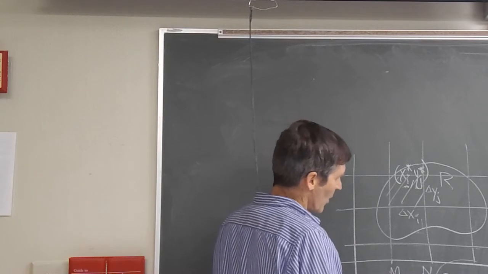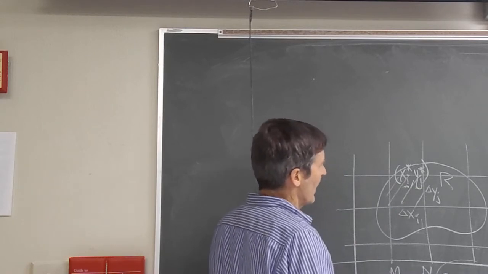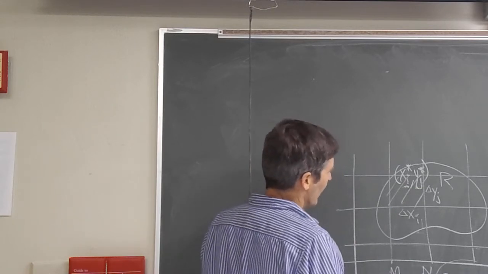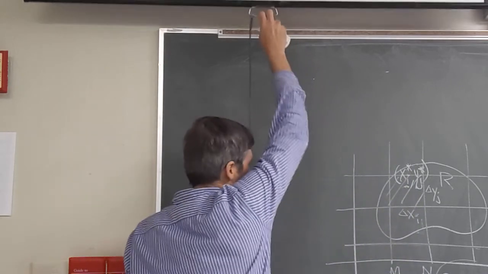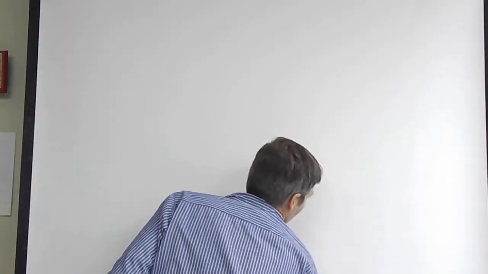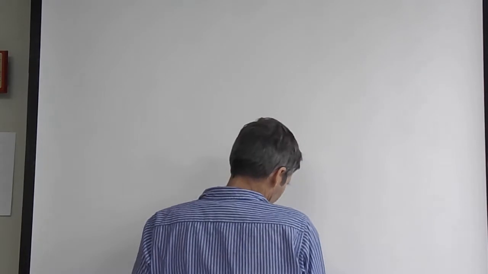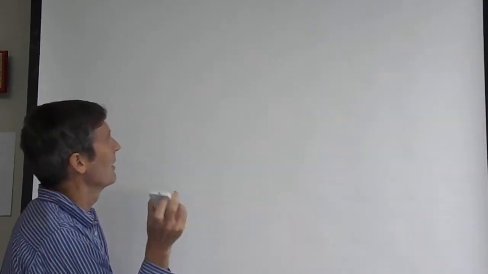So we say, that ought to be what we call the actual mass of the lamina, because after all, we get the same mass when we evaluate it either way, with any partition and any points in the little subregions picked.